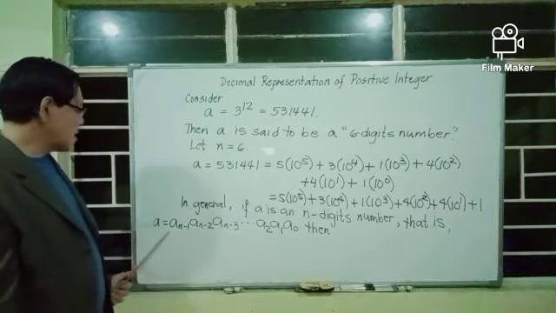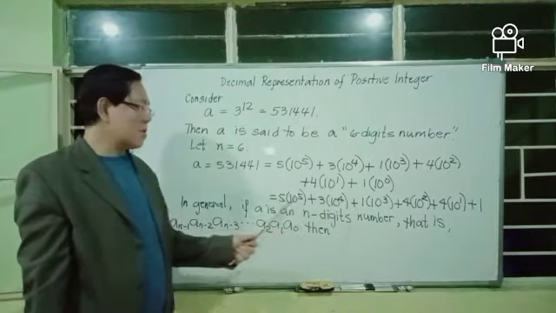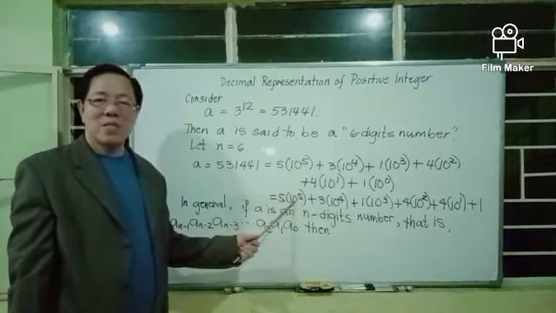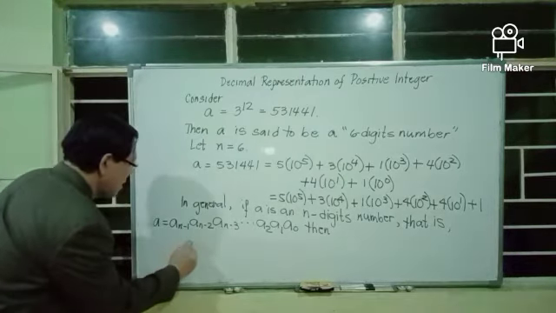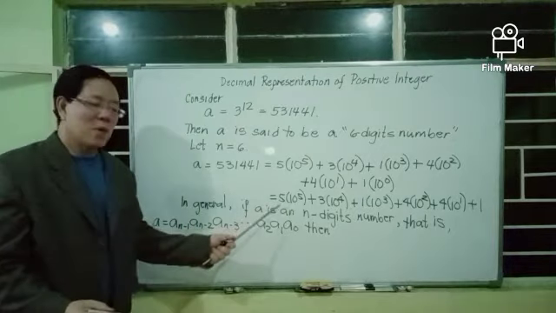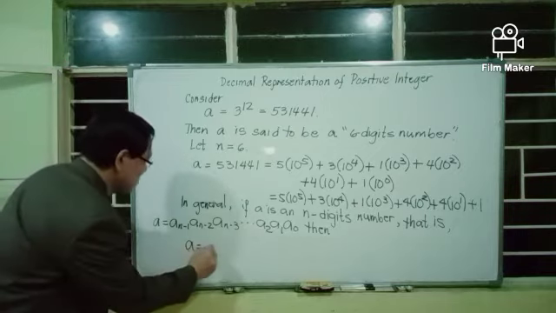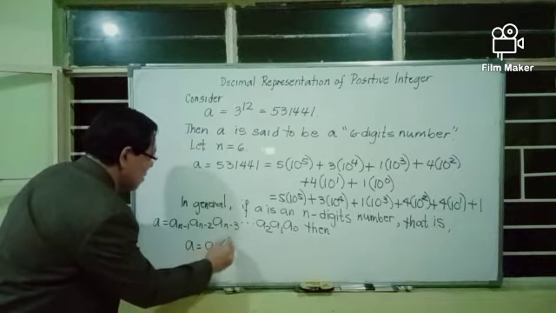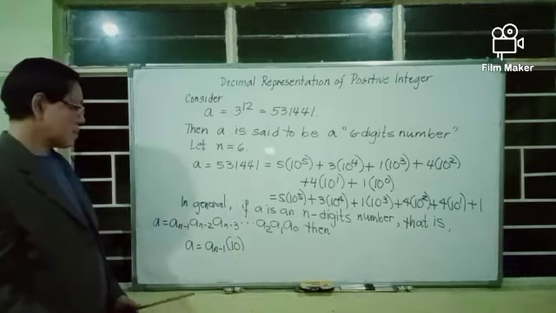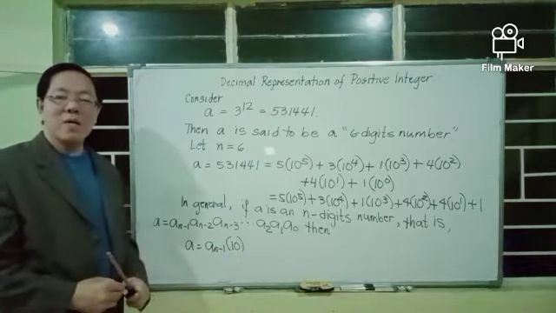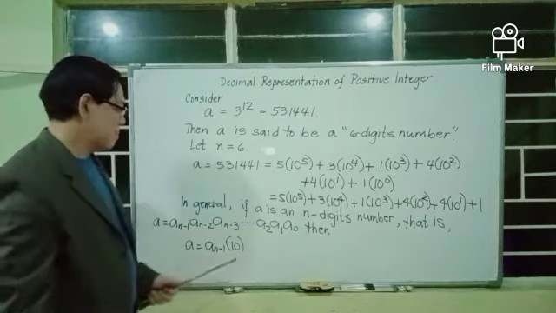And we will now write this positive integer a as a sum of the digits multiplied by powers of 10. A now in this form is equal to the first digit, a sub n minus 1, multiplied by 10, the first exponent of 10 is n minus 1.